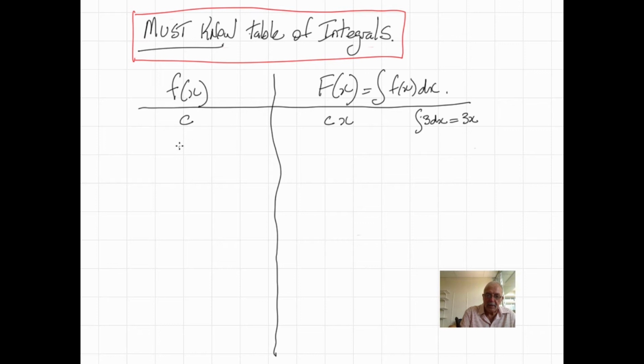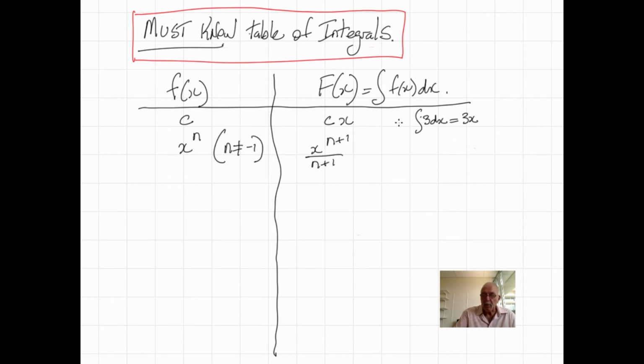Next one is x to the power of n. Now we'll make a little proviso here that n is not equal to -1. There's a special rule for that one. And the integral of that, one way to remember it is add a power, so x to the n plus 1. So you add 1 to that power and then you put it over that new power.